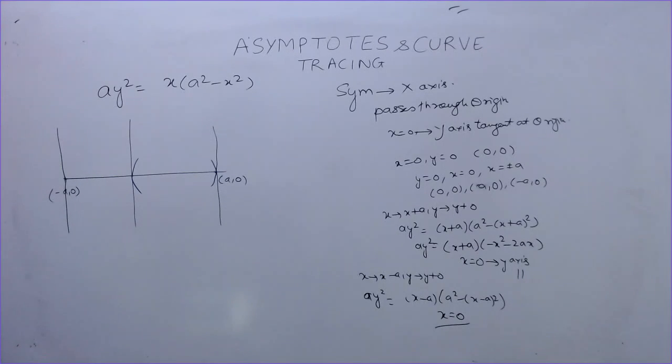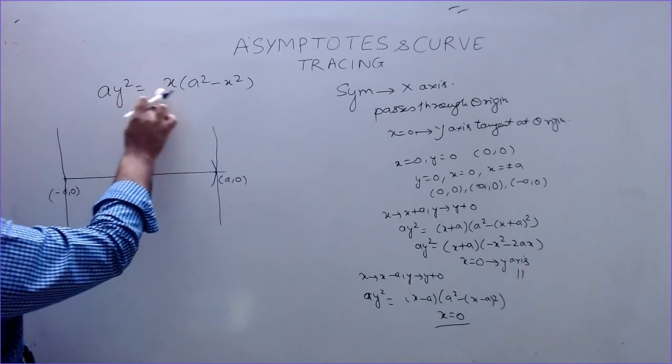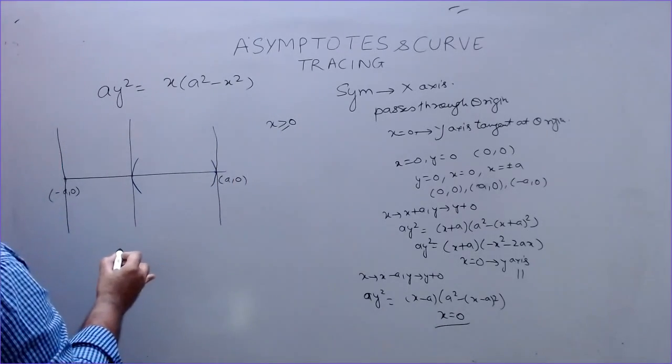Now see whether the curve exists between these points or not. For finding the existence of the curve, what is the condition? x should be greater than or equal to 0, otherwise y will not be real.